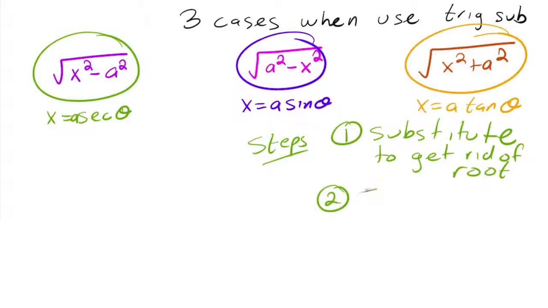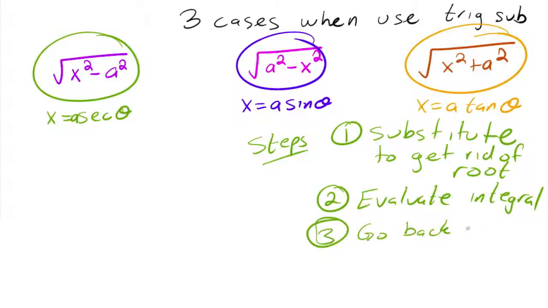The second step is to evaluate the integral. And the third step is to go back to the original variable. So that's a quick little recap of trig substitution. Let's do an example.